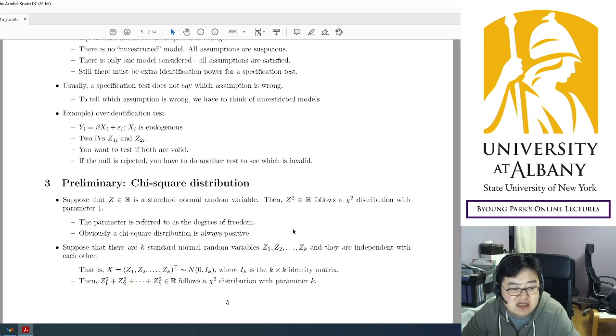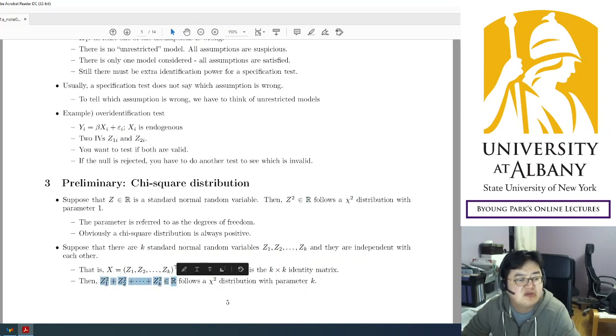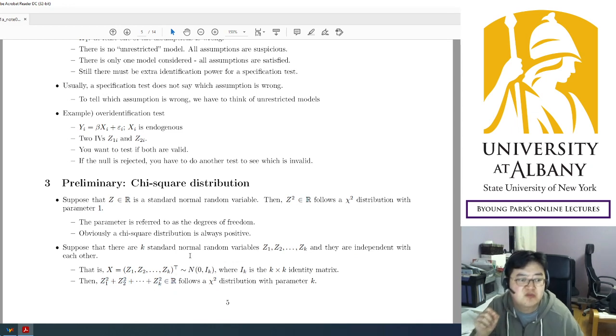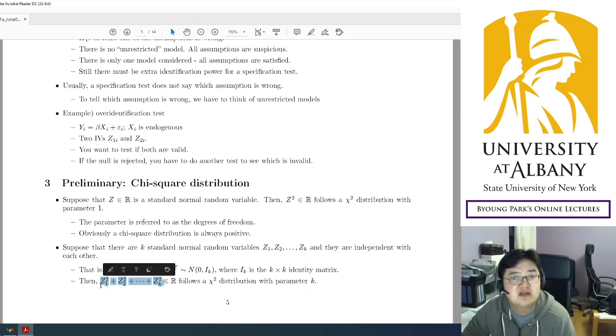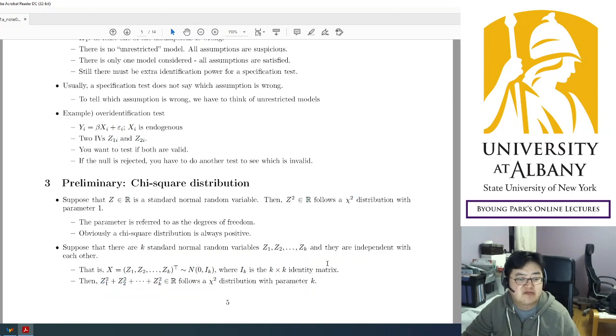Then we define this sum of squares, z1 squared plus z2 squared plus up to zk squared. Then it is another scalar random variable, and we call this the chi-square distribution with parameter k. So the degrees of freedom is now k, because k standard normal variables are squared and added.